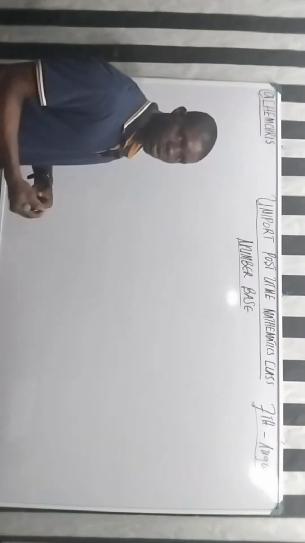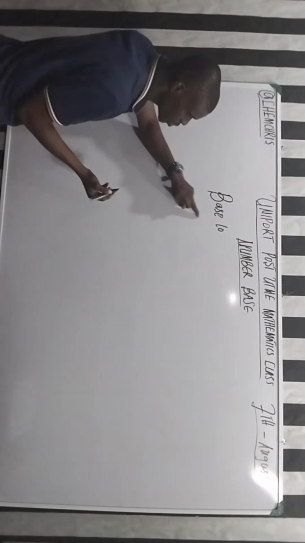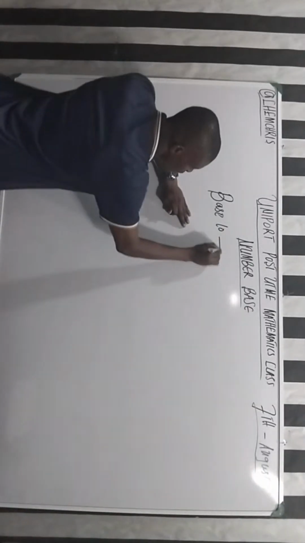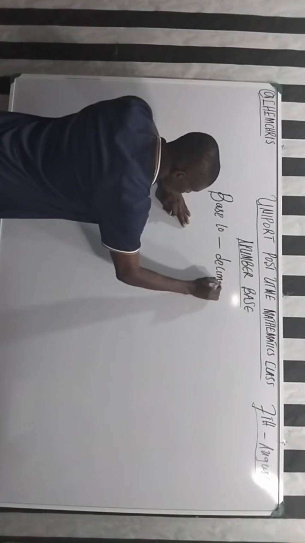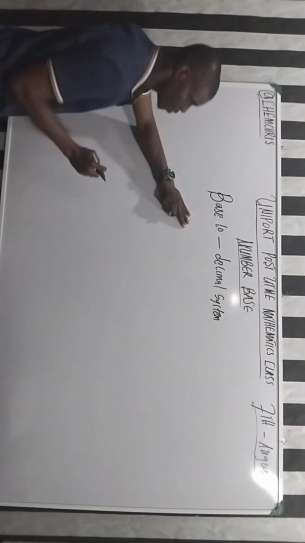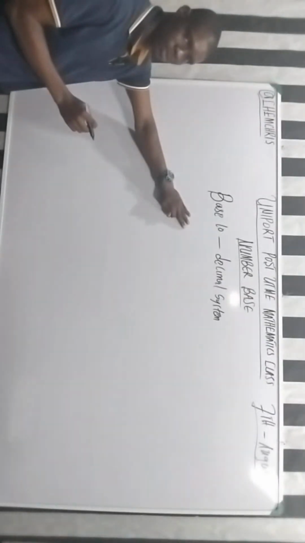Just that we have different types of number base. We have base 10, which is called the common base. It's called the decimal system.